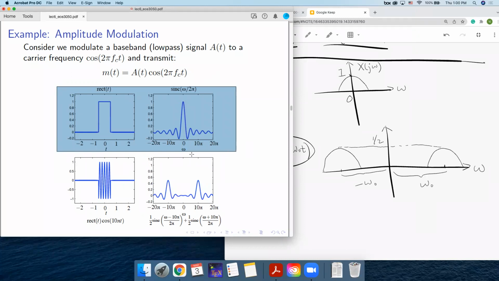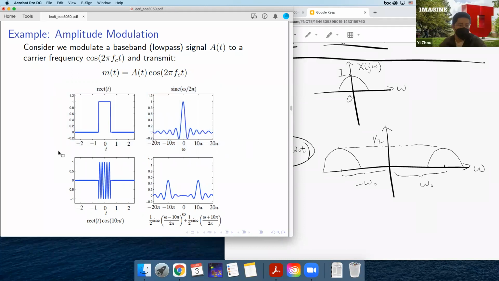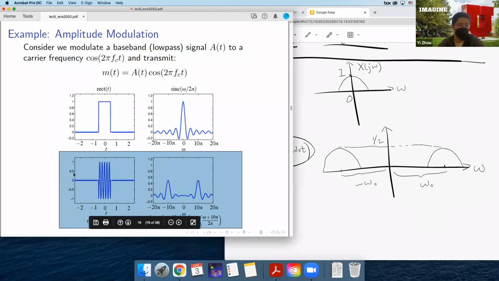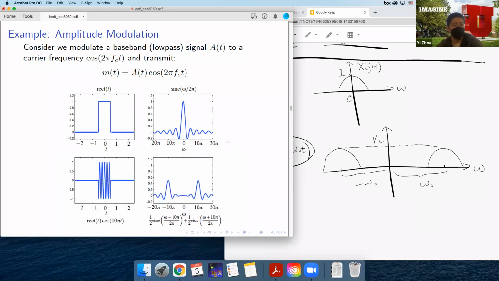Right, okay, I gotcha. And after modulation, the signal in the time domain looks like this. And then correspondingly in the frequency domain, the spectrum is given as this one by the frequency shift property. I gotcha, thank you.